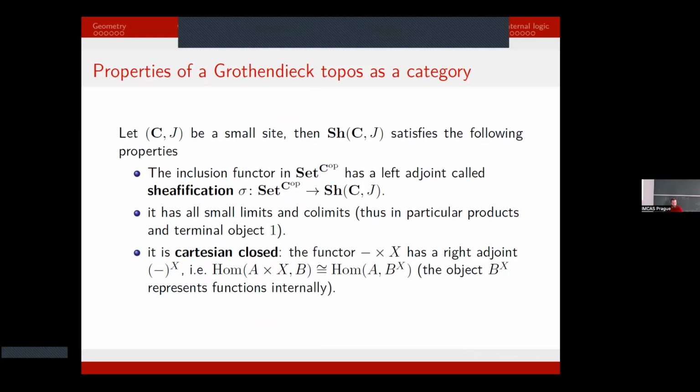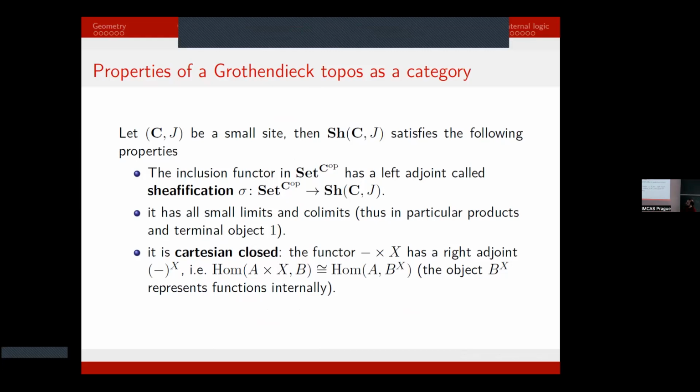So, properties of a Grothendieck topos as a category. First of all, I said that a Grothendieck topos, let's say a category of sheaves, is a full subcategory of the category of presheaves over the same category.